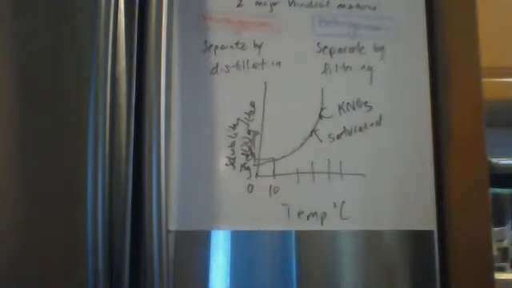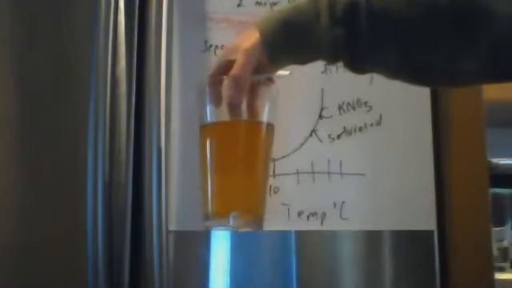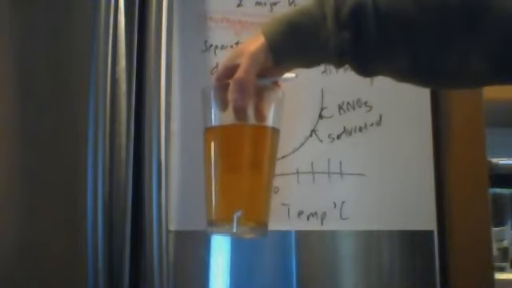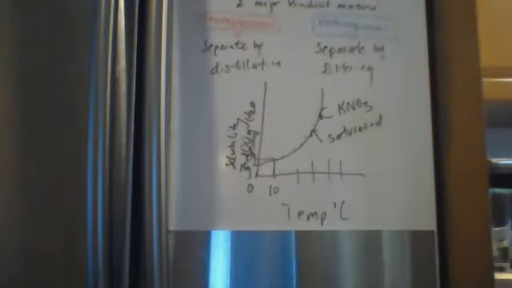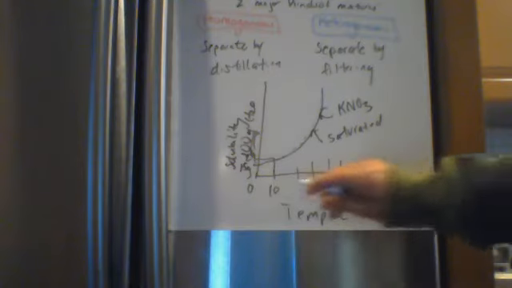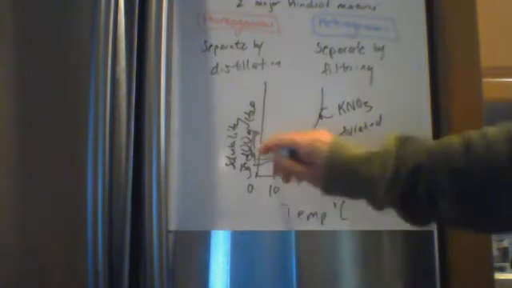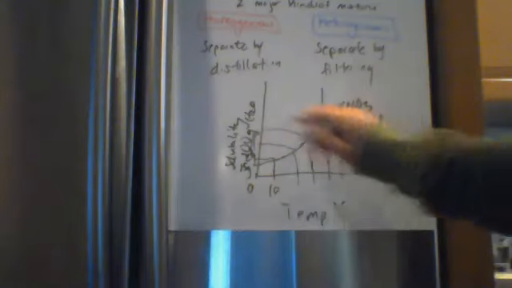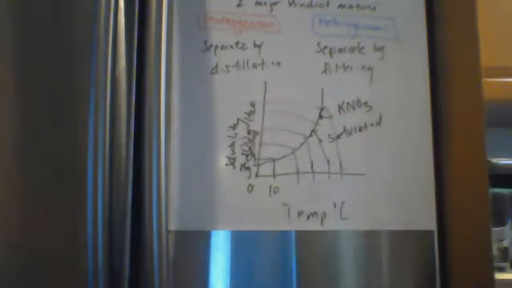Once I add more than 25 grams, you're going to start to see that it's going to precipitate to the bottom. So once you go past that maximum amount, or that saturation point, you're going to see precipitation happen because you cannot dissolve any more at that temperature. The only way that you can get more to dissolve is to increase that temperature, and then more and more and more can dissolve. Okay?